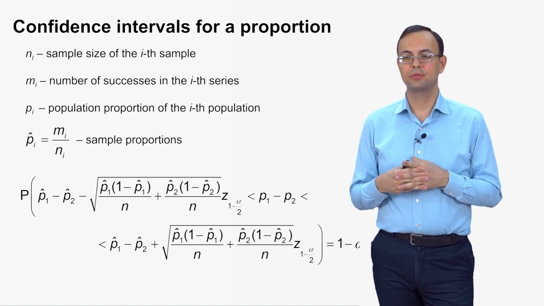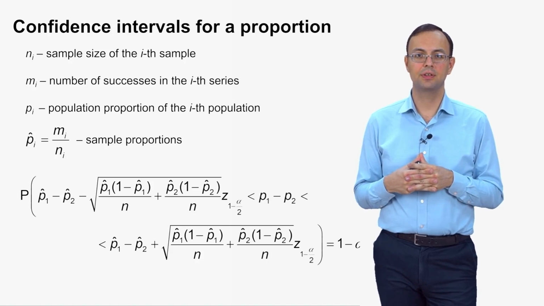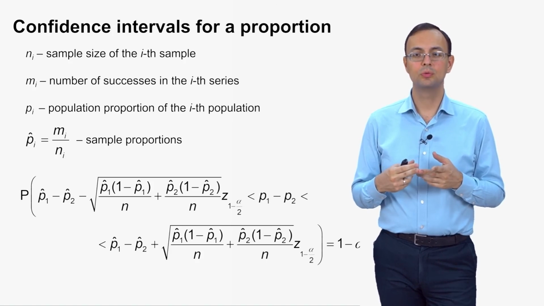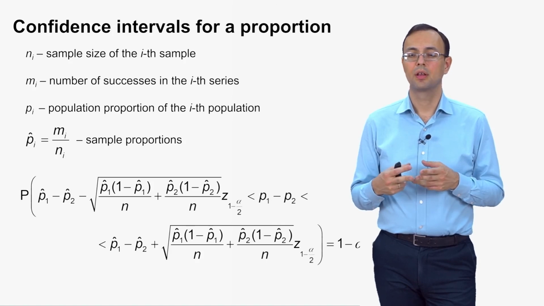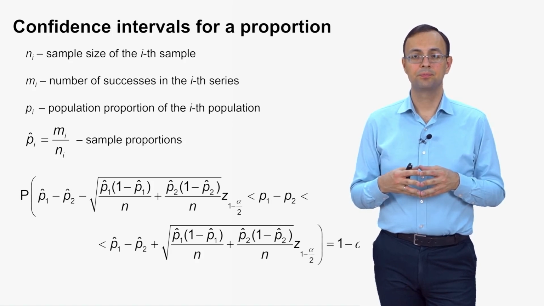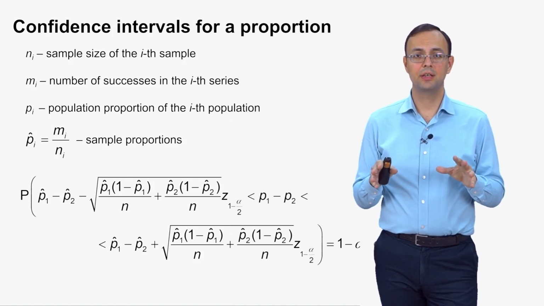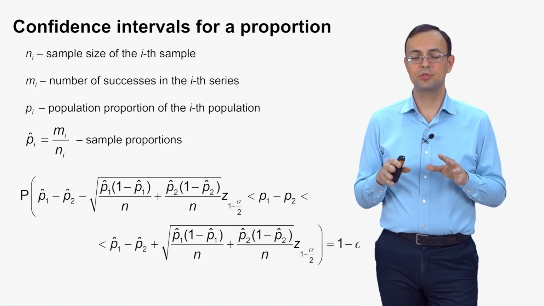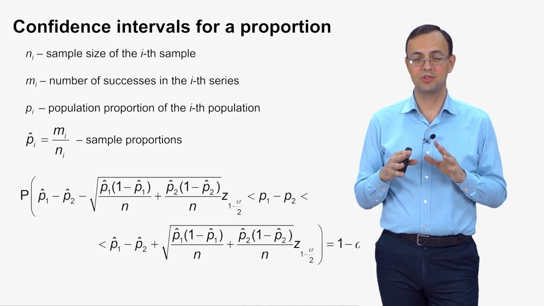To construct this confidence interval, you need two sample proportions and the quantile. These are the most frequently used confidence intervals.